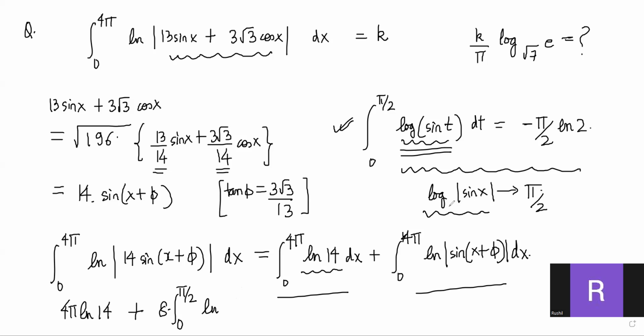And after that, you have to use the result here. Because the x plus phi doesn't matter. You can take the variable x plus phi as u and you'll get du only. So ultimately what happens here is you get 4 pi ln 14.